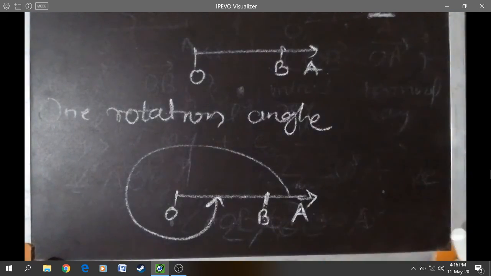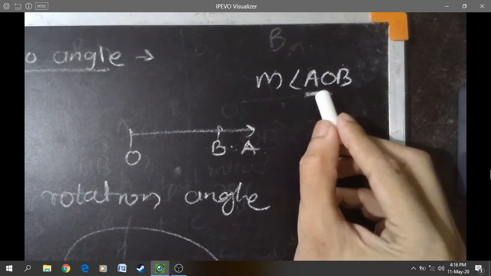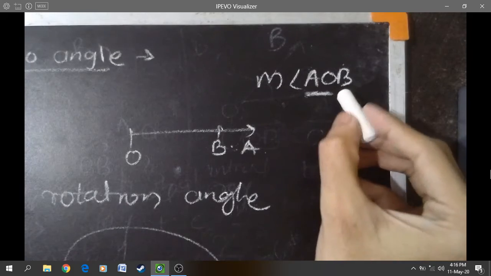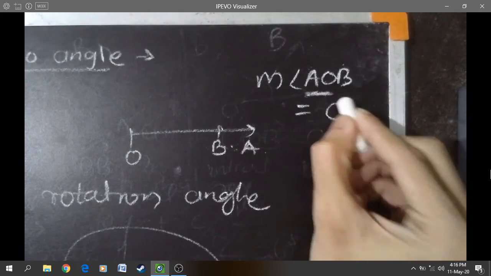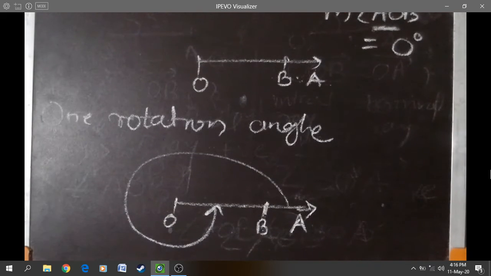So the measurement of this angle: first, write the measurement of this angle, angle AOB. AO is the initial ray and OB is the terminal ray. What is the amount here? Zero means zero. Zero angle means zero measurement, zero rotation. Similarly, here is the one rotation angle.